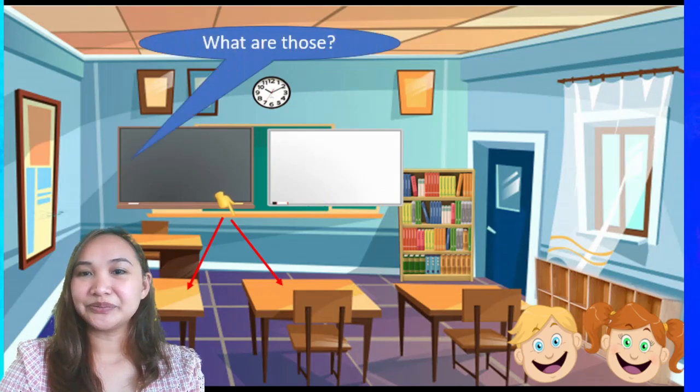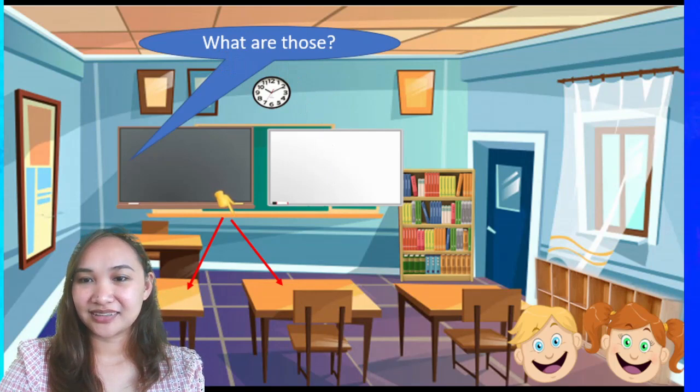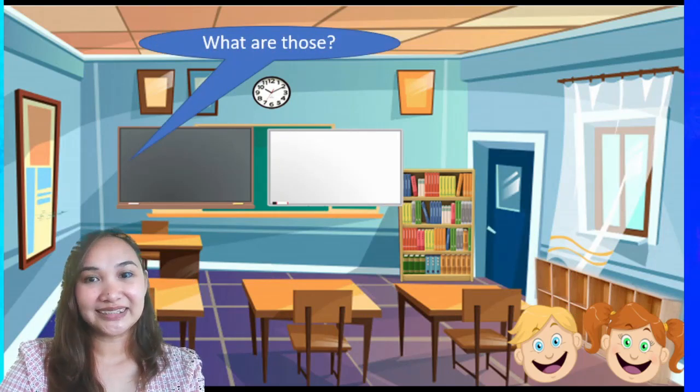Look at the arrow, it is pointing to the two objects. So what are those? What are those? Okay, very good. They're tables. You can say they are tables. Very good.